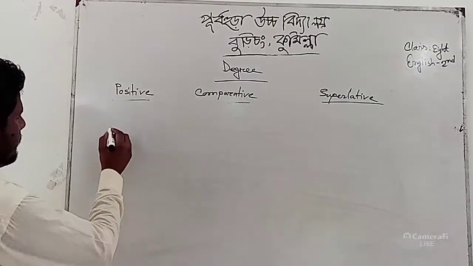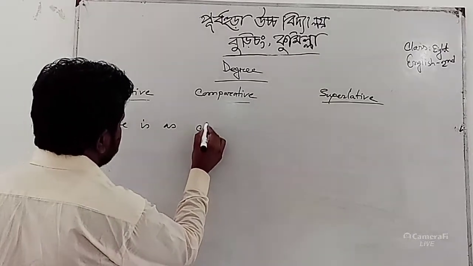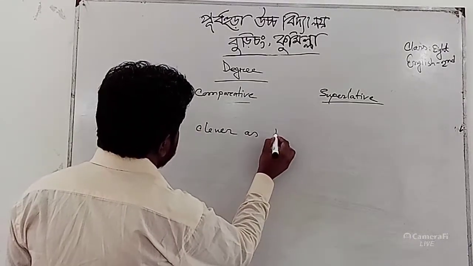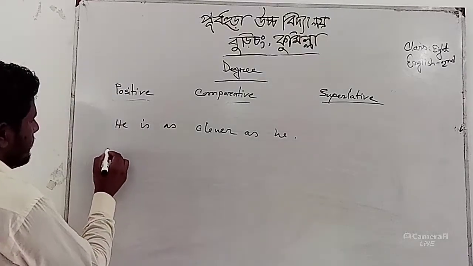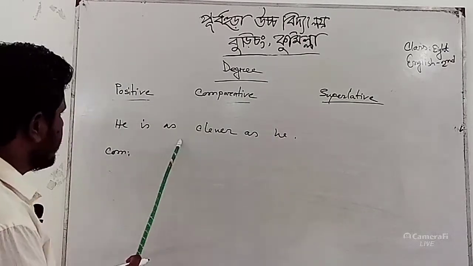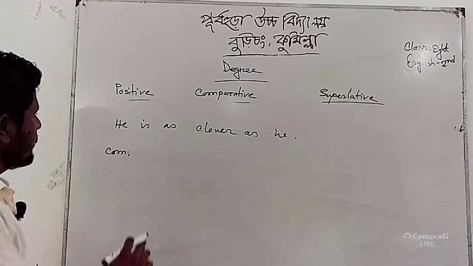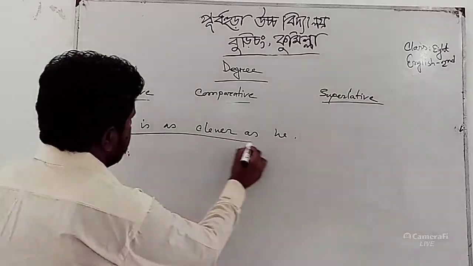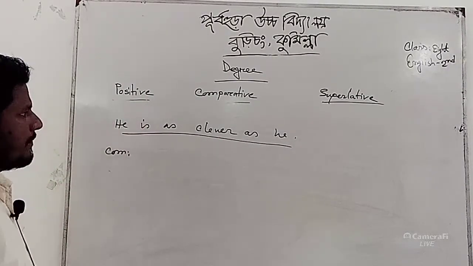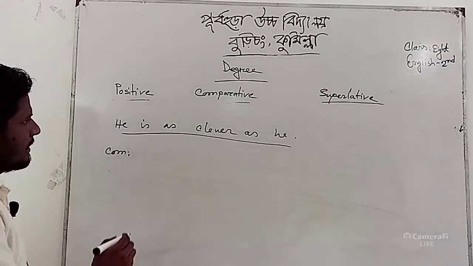Okay, look at, dear students, he is as clever as she. We find only a positive degree, and we need to change it from positive to comparative. Look at, the degree is in affirmative form, so we need to change it to comparative degree negative form.